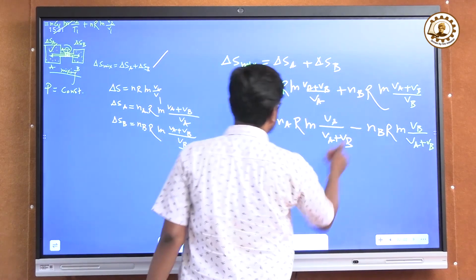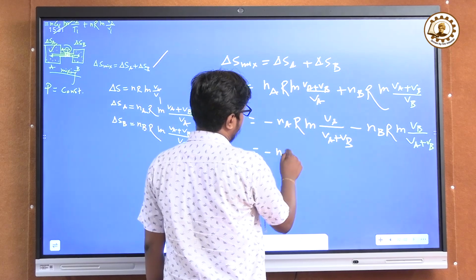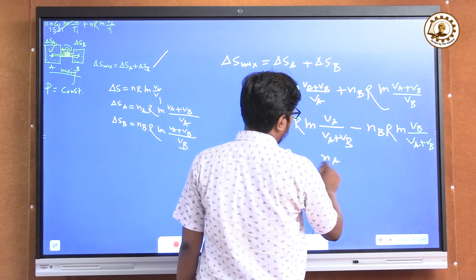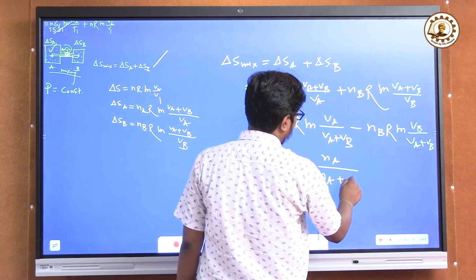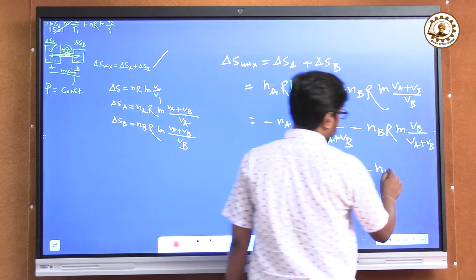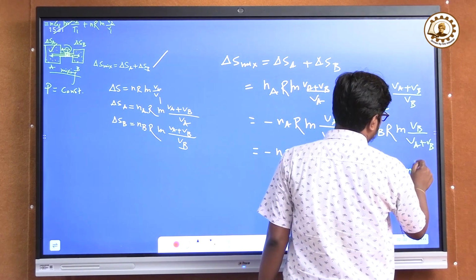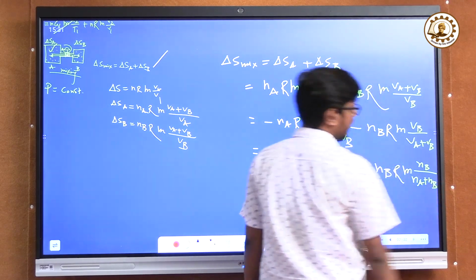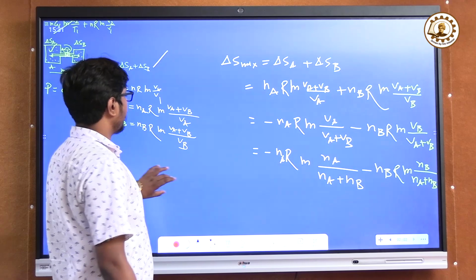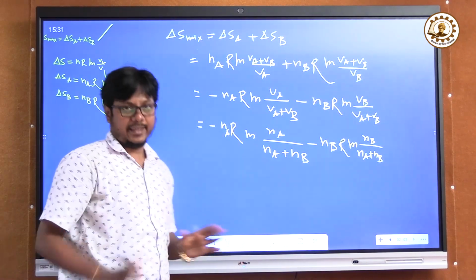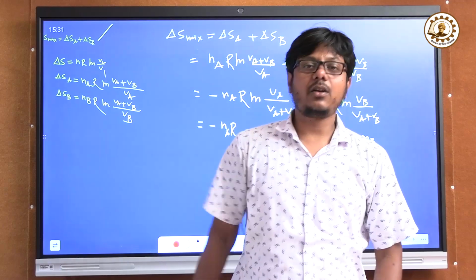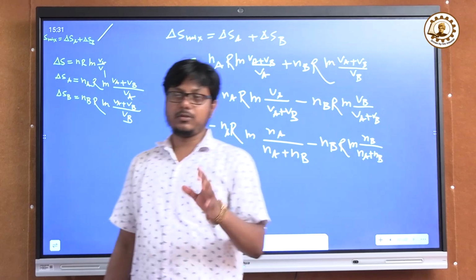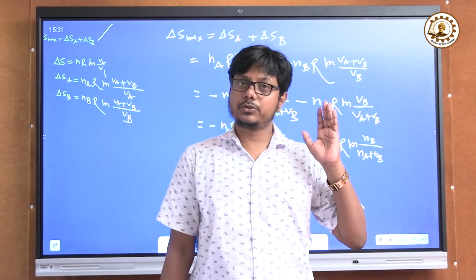So if this is a ratio, we can rewrite this equation in terms of n: minus nA R ln of nA by (nA plus nB), minus nB R ln of nB by (nA plus nB). Now nA by the total number of moles is called the mole fraction.